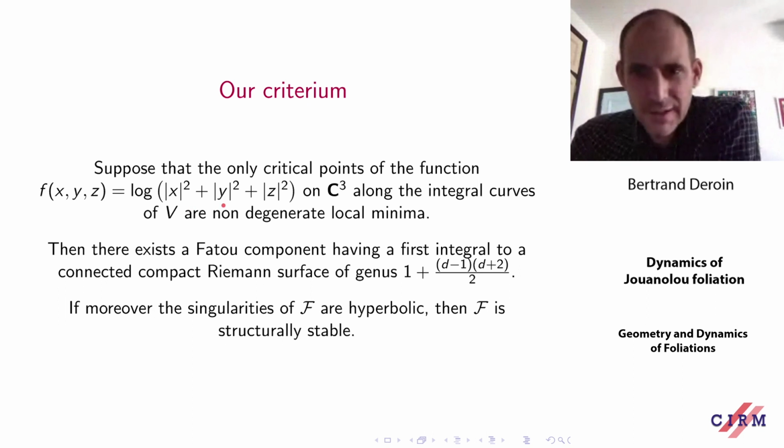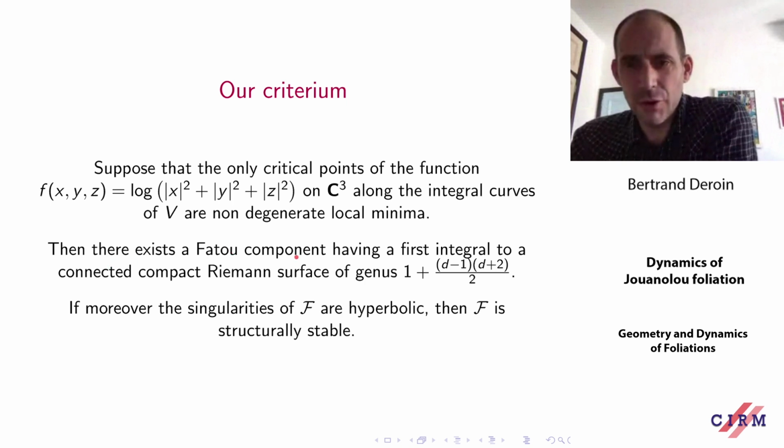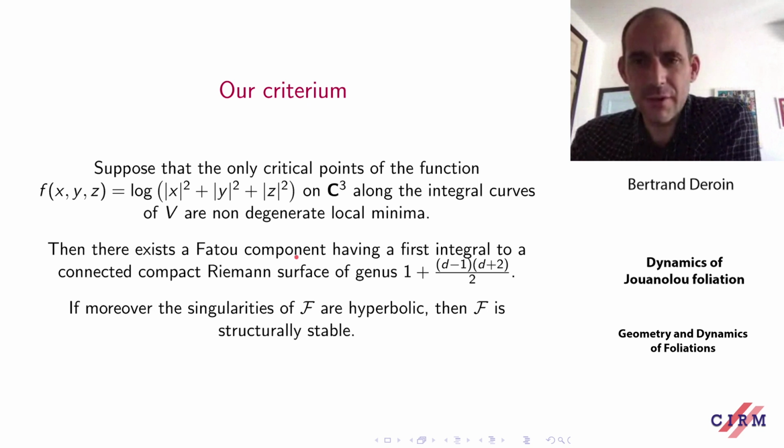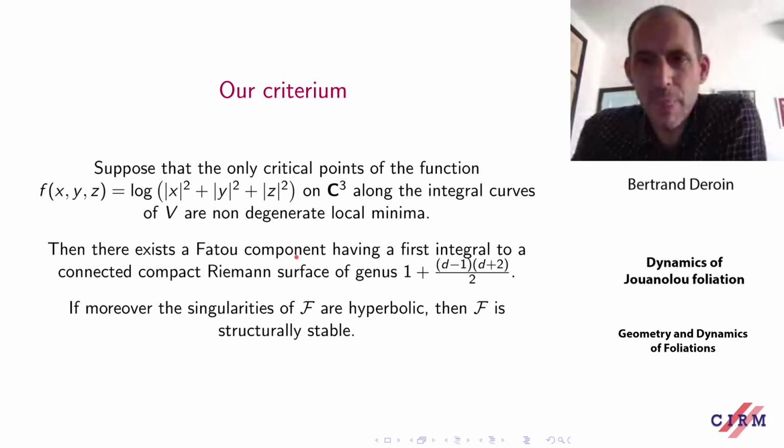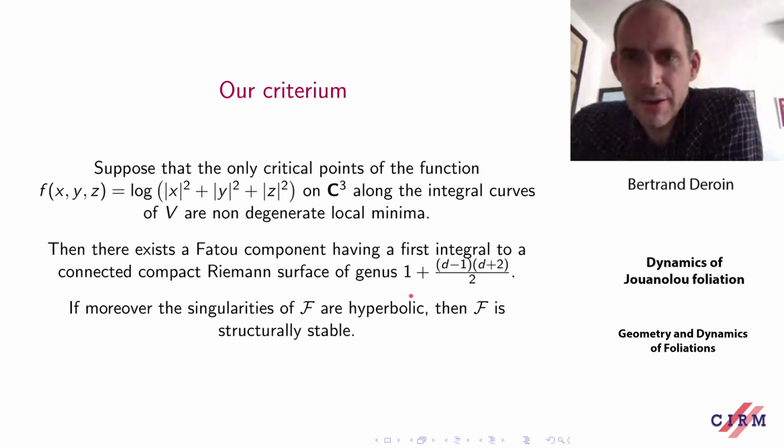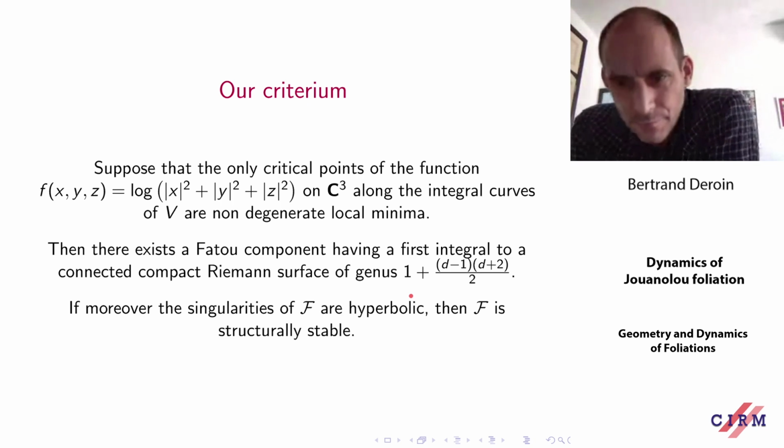Then the conclusion is that you have a Fatou component. Namely, you have an open set in P2, which is a union of leaves of the induced algebraic foliation of P2. On this Fatou component, you have a first integral to a connected compact Riemann surface of genus given by the formula 1 plus (d minus 1)(d plus 2) over 2.